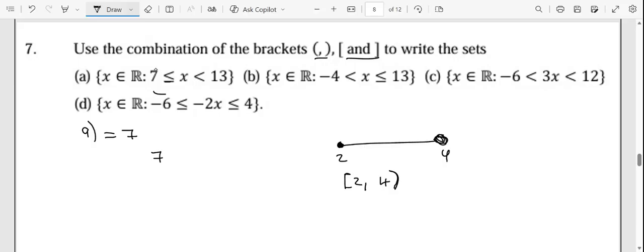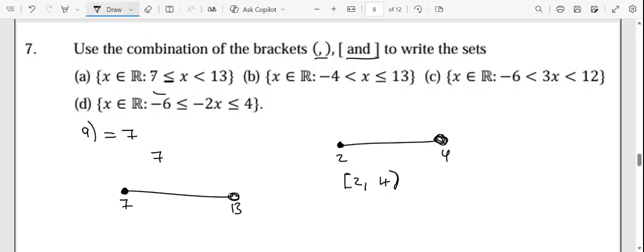So for numbers like this, x is shaded at 7. For the first one, I'll say we have 13 and 7. You can see that x is equal to 7, so I'll shade on the 7 there. Then here it's open, you round like that because it's not equal to that. I'm just showing you how to present it, because by virtue of having this one, you are crossing on the number line.